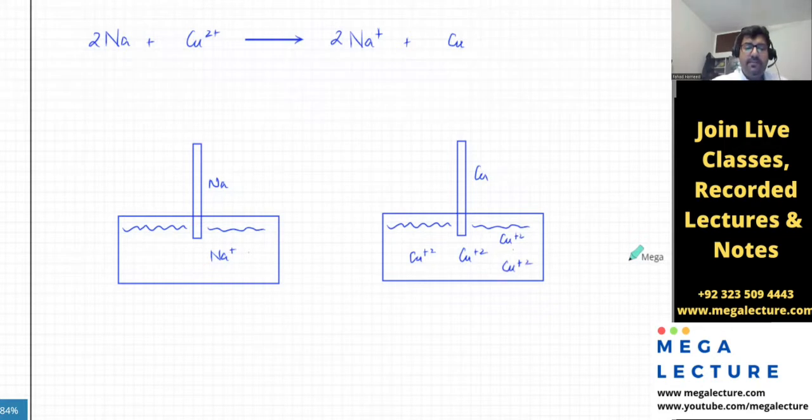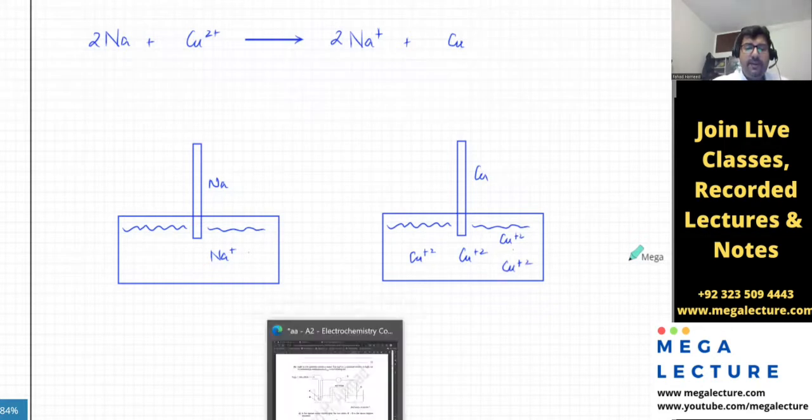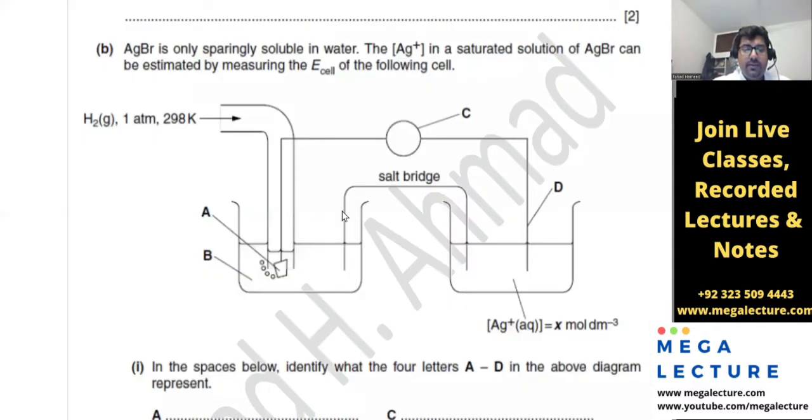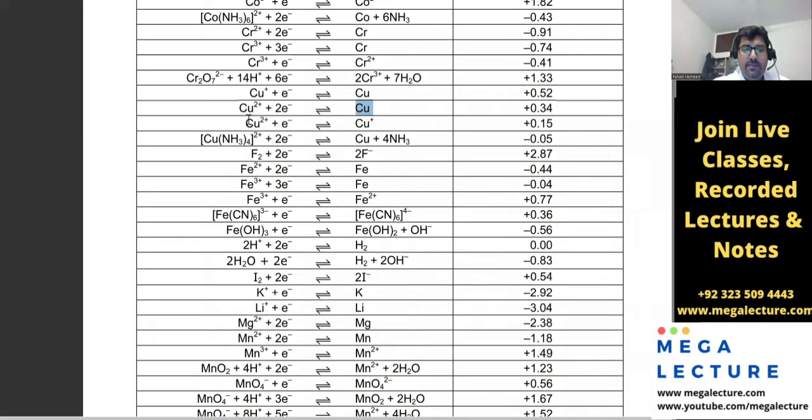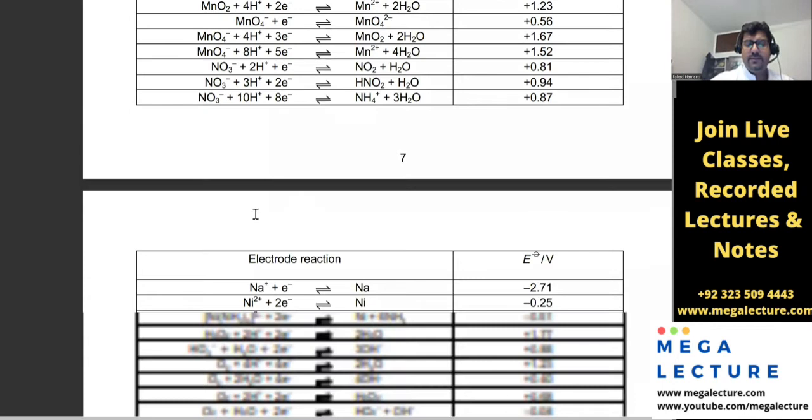Okay, from the data booklet, I'll be able to figure out the potentials of both electrodes. If you open the data booklet, copper 2 plus in equilibrium with copper. I want copper ions to be in equilibrium with copper. The potential is 0.34. And where's sodium? Sodium is the first one over here.